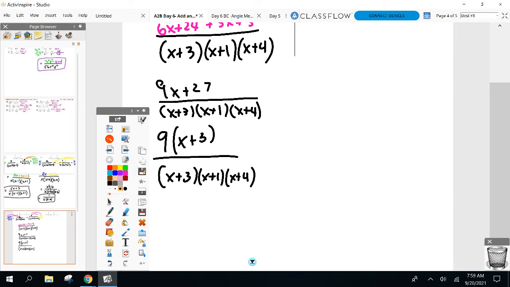Cross off the x plus 3's. 9 over x plus 1, x plus 4. Any questions there? We're all good? Looks good? All right, let's keep going.